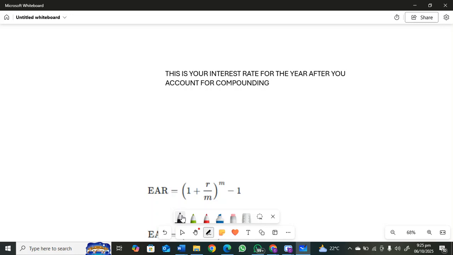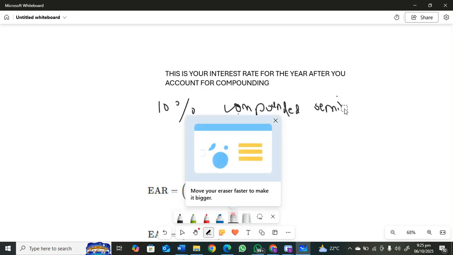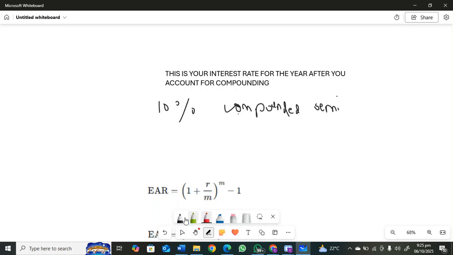Okay, so for example, if the interest rate is 10% and it's compounded semi-annually, we know that it's compounded twice in a year, or you'll be paid interest twice in a year.